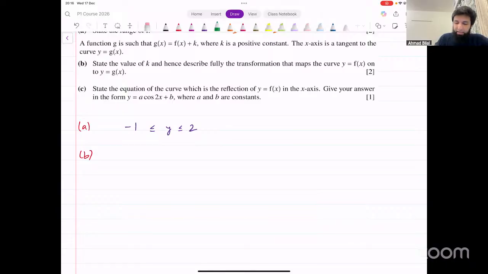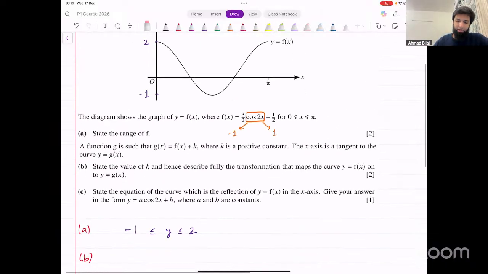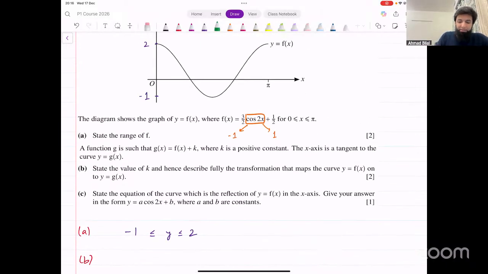The x-axis is a tangent to the curve y equals g of x. State the value of k and hence describe fully the transformation that maps the curve f of x to g of x. So what they're saying is there's another function g, and it's such that g of x is equal to f of x plus k.